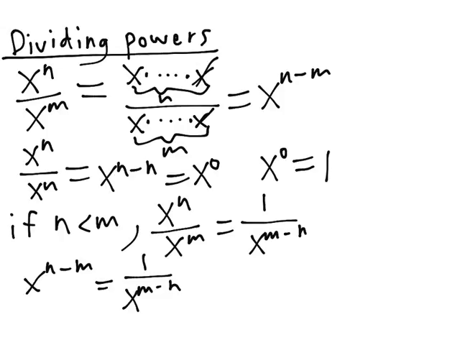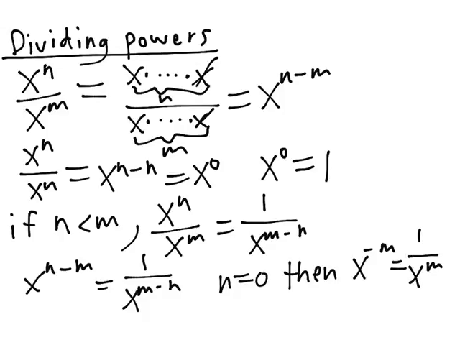But notice that on the left side, the exponent is negative. So this formula actually defines for us how to take the negative exponent of a number. If we choose for n to be equal to 0, then this formula reduces to x to the minus m equals 1 over x to the m. So this formula now tells us what it means to take the negative exponent.